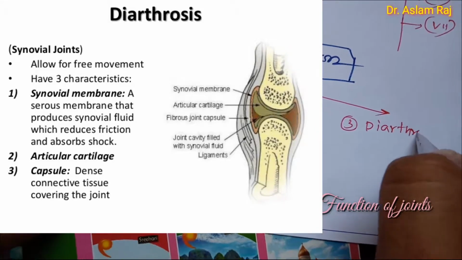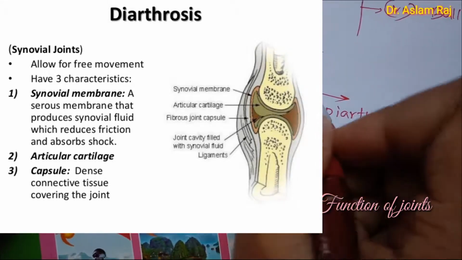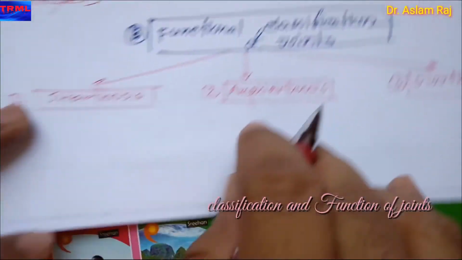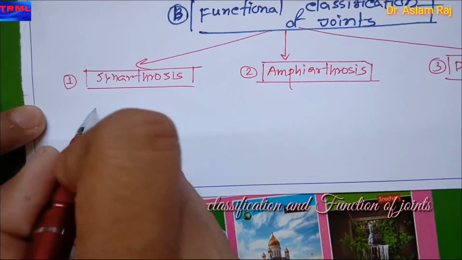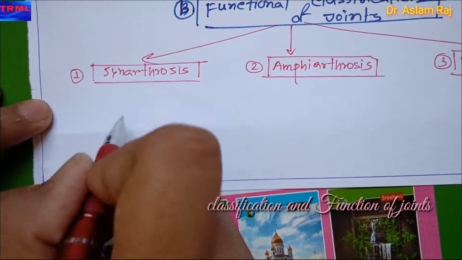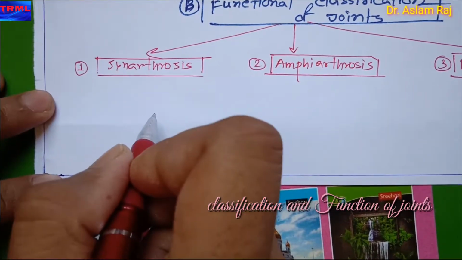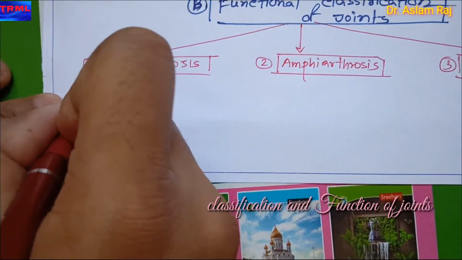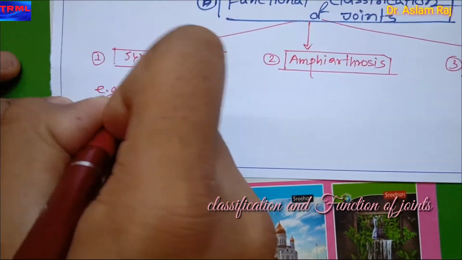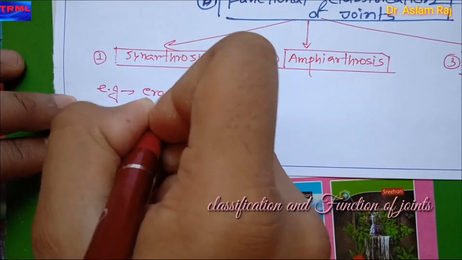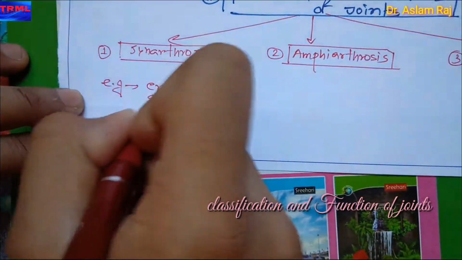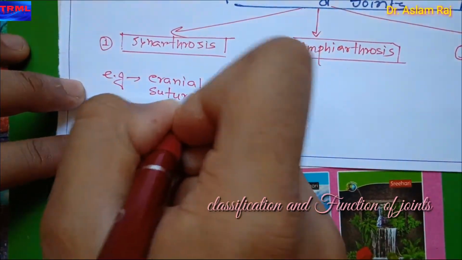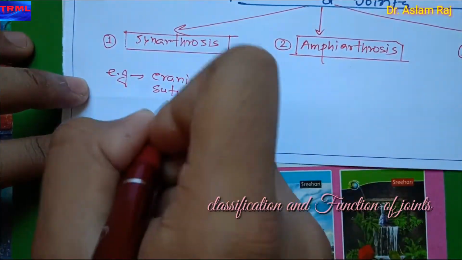Let's see diarthrosis. Diarthrosis is synovial joint. Synarthrosis joints permit little or no mobility. Most synarthrosis joints are fibrous joints. Example, cranial sutures in adults.